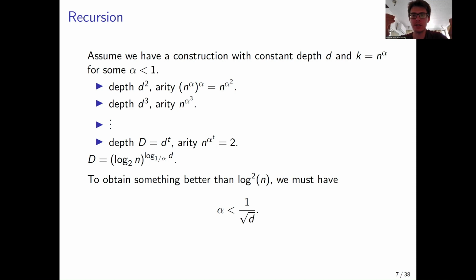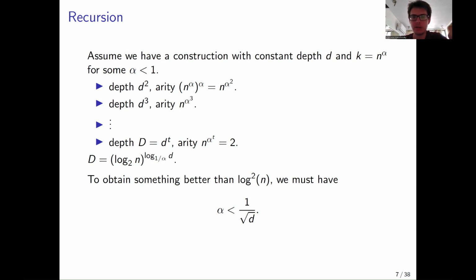Because the task is the same, we now have to sort k elements instead of n, and we know that we can do this with arity k to the alpha. In terms of n, it becomes n to the alpha squared.